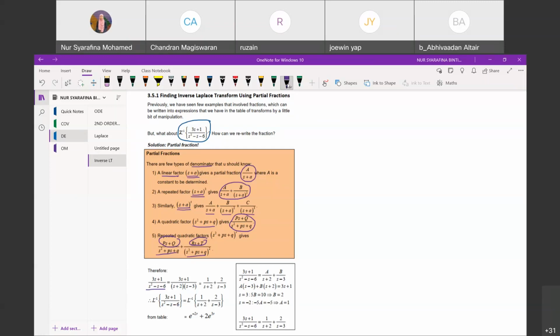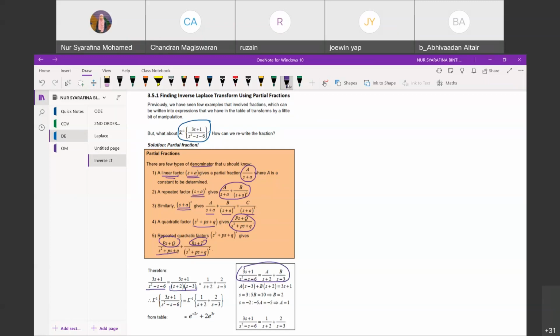If yes, then you just can write the factors in terms of s plus 2, s minus 3 for this example. So, as you can see, the factors are s plus 2 and s minus 3. It is a linear factor. So, you can simplify this to A over s plus 2 plus B over s minus 3.